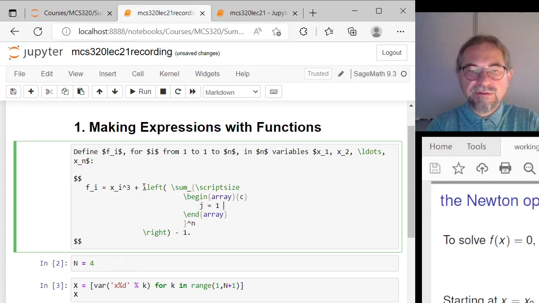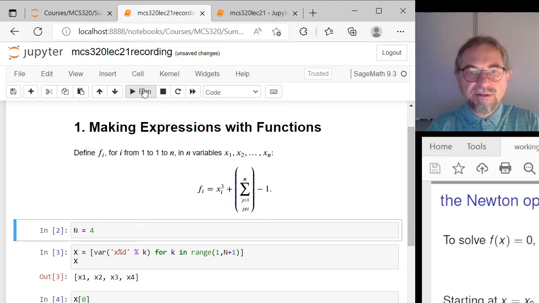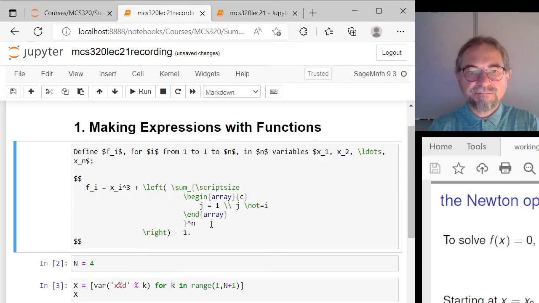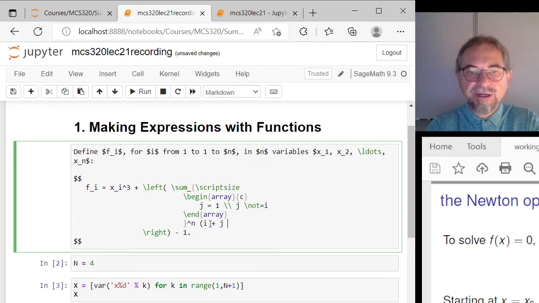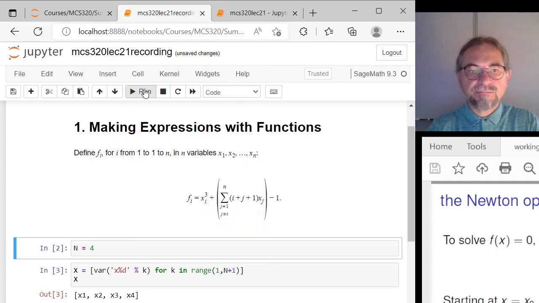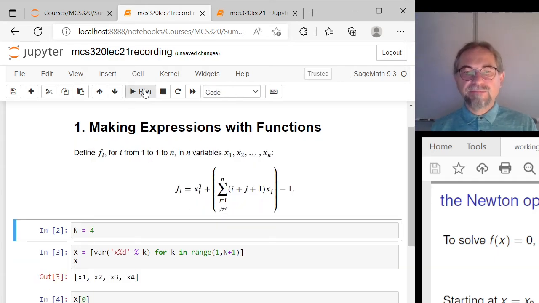So J starts at 1, and we are excluding the ith term. Okay, so let's see if that is valid. It is. But I have defined the sigma, but didn't define the i plus j plus 1 times xj. So here we have the general expression that I wanted to make.